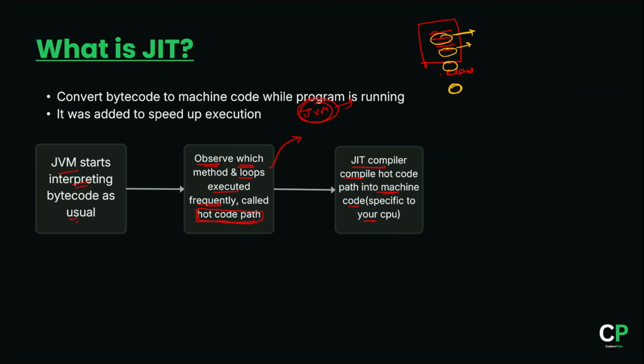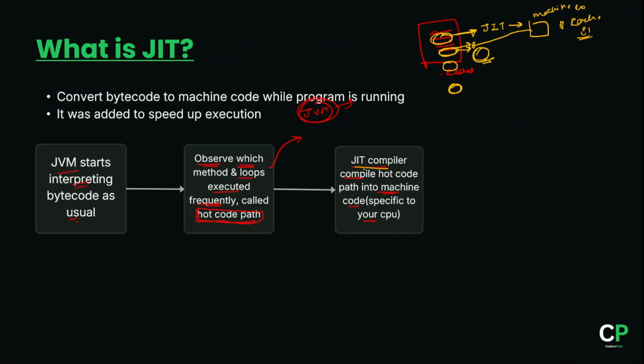So instead of interpreting it again and again, what does the just-in-time compiler do? It takes this hot code path, converts it into the machine code at once, compiles it, and caches it. So later in the program, whenever this hot code part occurs or is hit, there is no need for interpretation. Its machine code can be used directly, so it speeds up the execution.